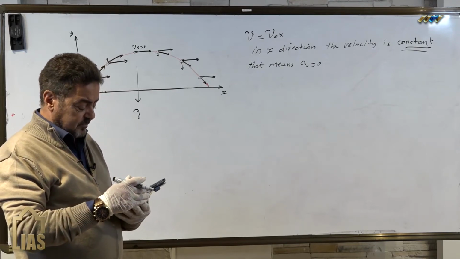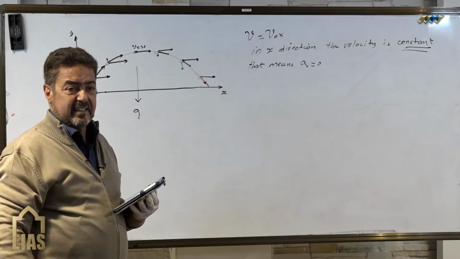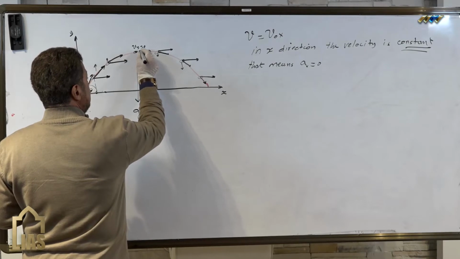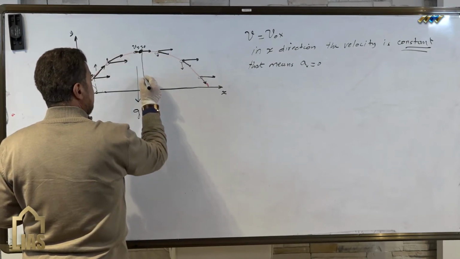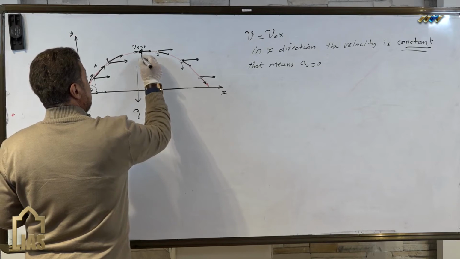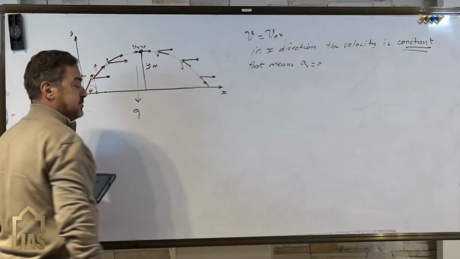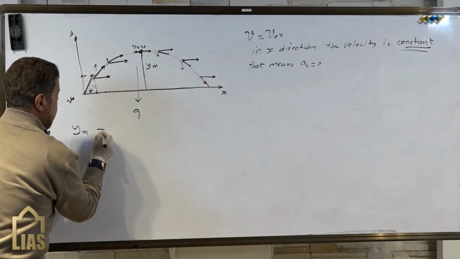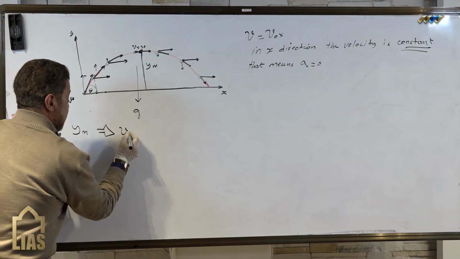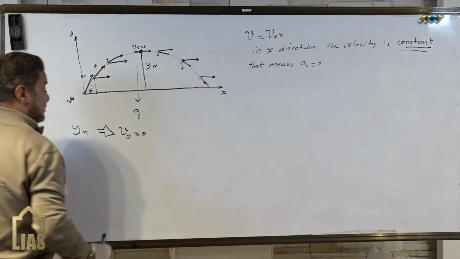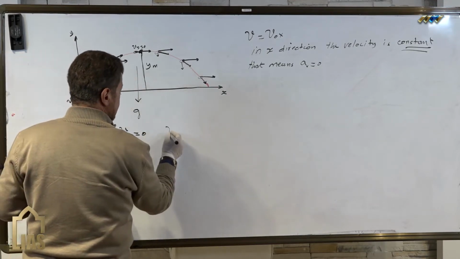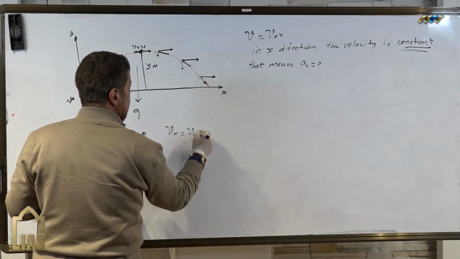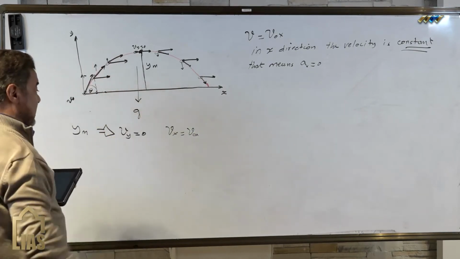Okay, let's see other things. We have here at this point y maximum. At y maximum, okay, Vy is equal to 0, okay, and Vx is equal to Vox, as always the same velocity.